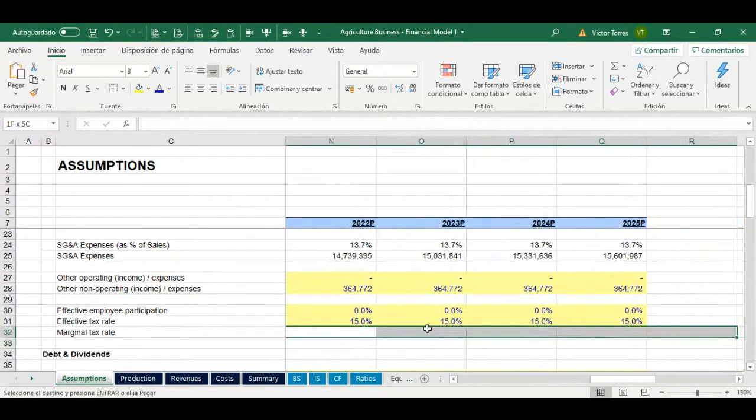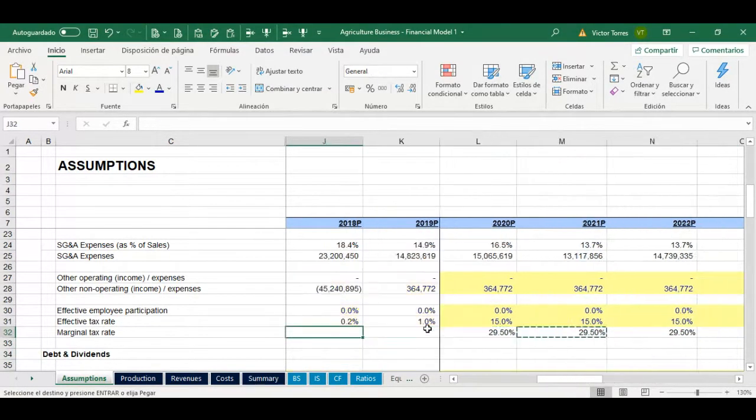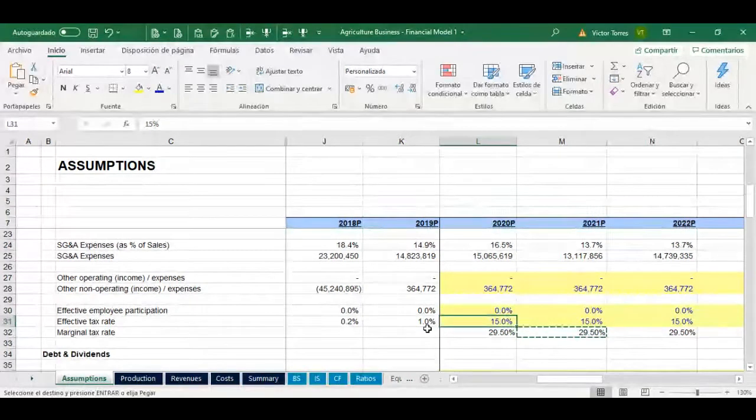The difference assumed here is that the company had some prior losses or prior deferred taxes that they have paid, and it can use them to minimize its tax payment. So the effective tax rate on the profit before taxes is going to be 15% in this particular case.